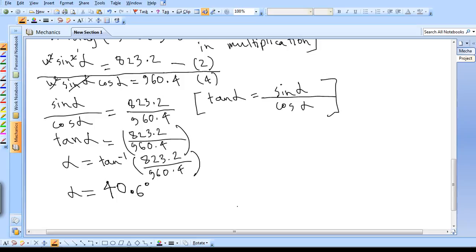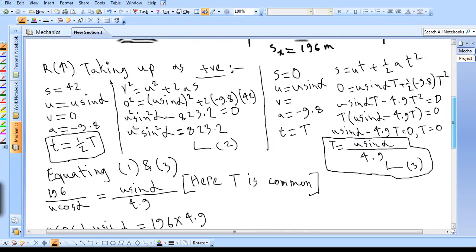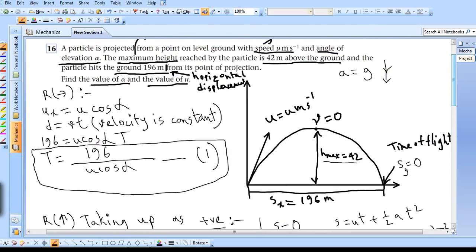So here we have got one answer, that is the value of alpha. They have asked in the question about the value of alpha. We have been able to find the one answer over here.